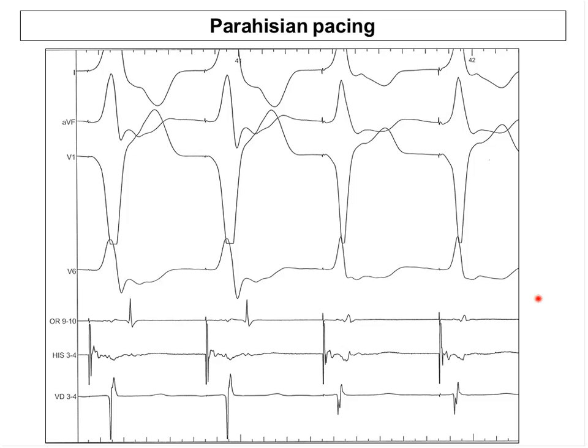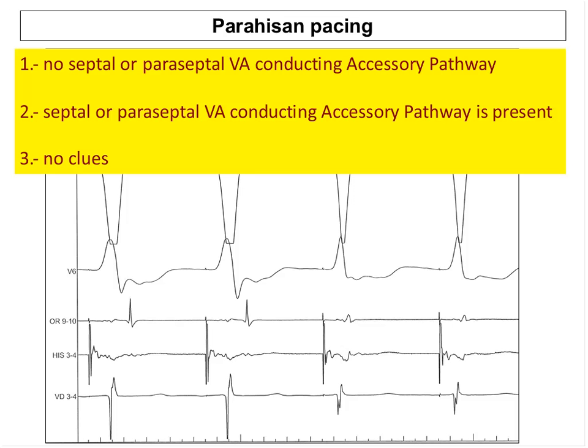Now, if you look at this tracing carefully, I would like you to answer this question. In this particular tracing, do you think that, number one, there is no septal or paraseptal VA conducting accessory pathway?